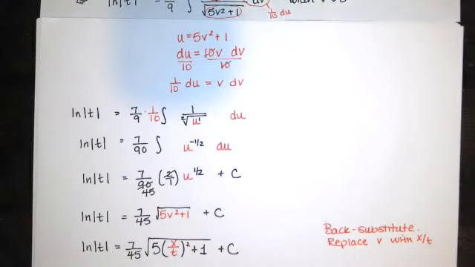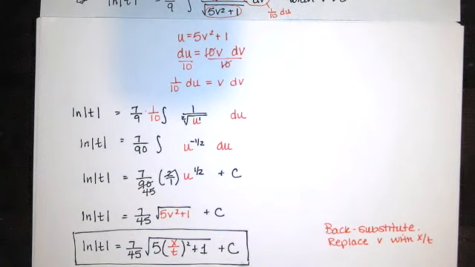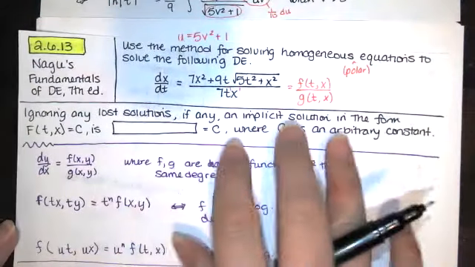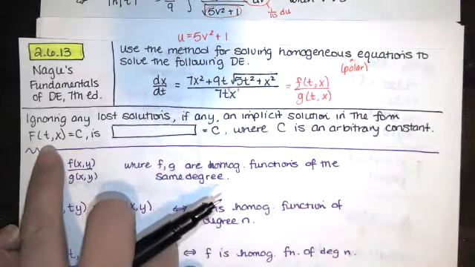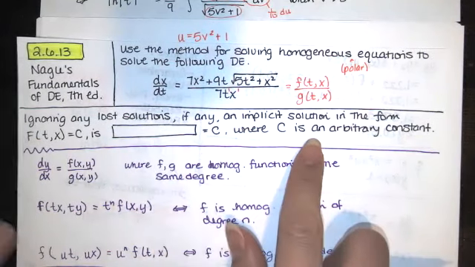And you could leave it that way. You could try to simplify if you want to. It's not necessary though. You could just stop here, or I would stop here for a quiz. But that's not an answer that they're going to want in MyLab Math. They say, ignoring any lost solutions, if any, an implicit solution of the form f of t and x equals c is some function of t and x equals c, where c is an arbitrary constant.